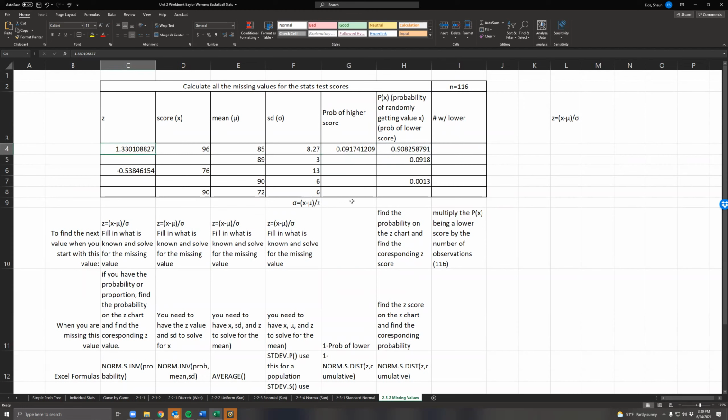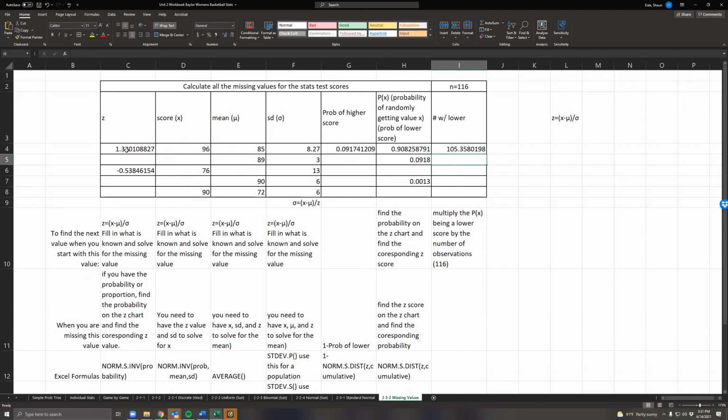Okay. And last but not least, if we want to know the number of observations that are lower than this z-score, all that we've got to do is take the probability of it being lower multiplied by 116, because there's 116 observations. So there's roughly 105.35 observations that are below this z-score.